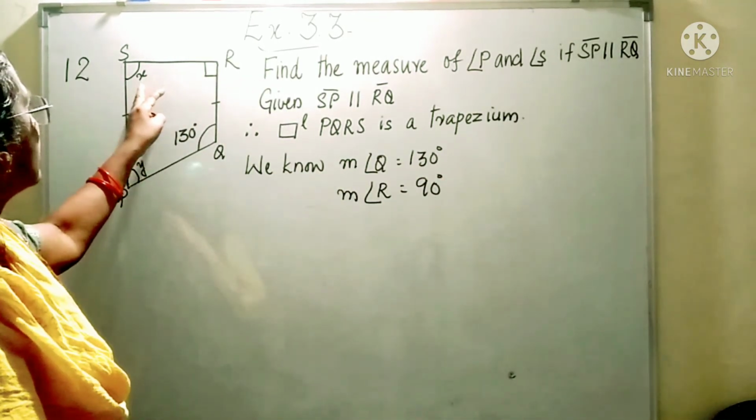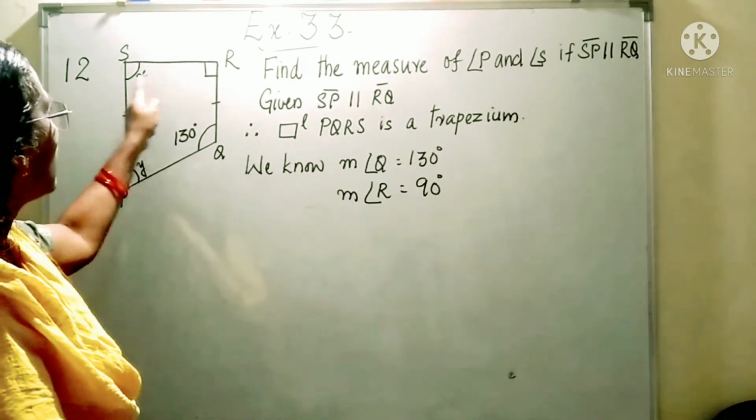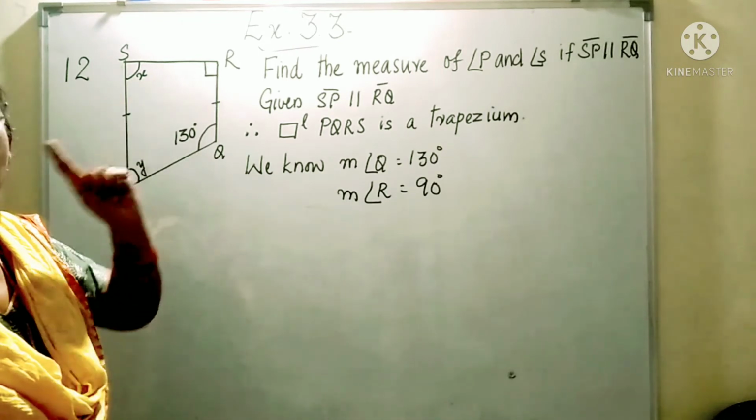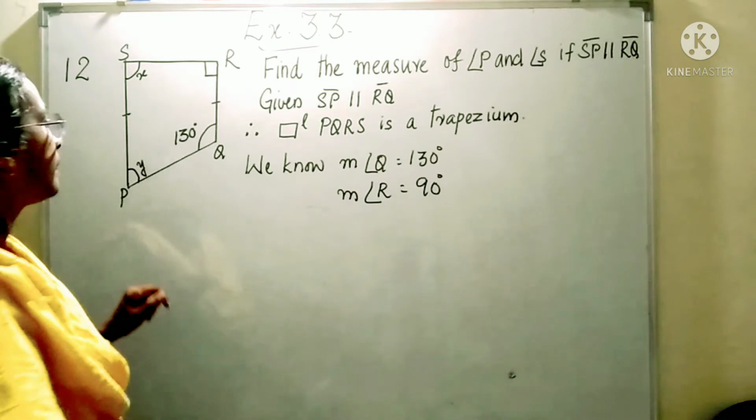Now what is the relation between X and R? What type of angles are they? They are adjacent angles. So adjacent angles will be supplementary.